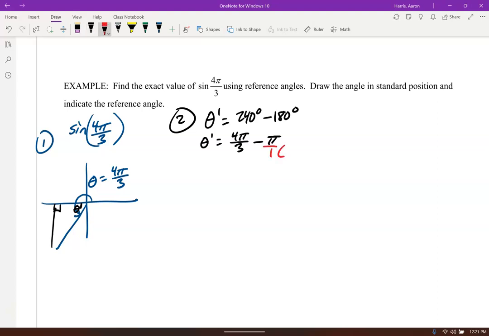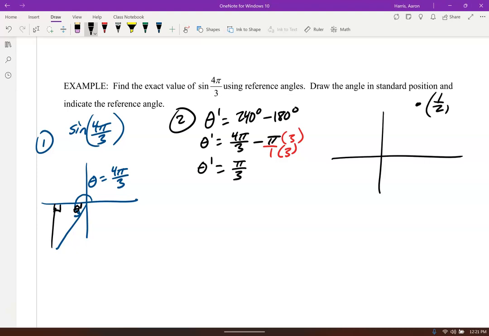Put that over 1, get a common denominator. So it looks like 4 pi thirds minus 3 pi thirds is 1 pi third. So theta prime is pi thirds, or 60 degrees, right? If you remember at 60 degrees on your unit circle, I find my unit circle, that's at 60 degrees. So this will just be a negative x and a negative y.